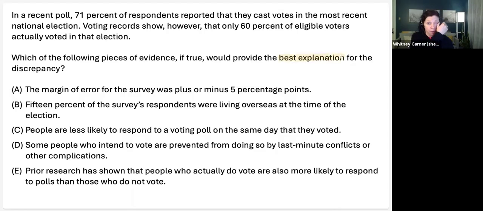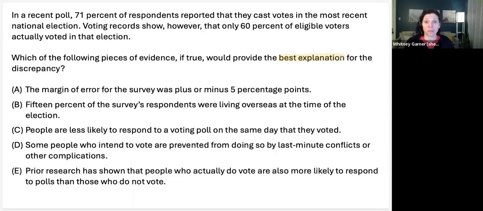Voting records show, however, there's that however, we're going to find it. So in a recent poll, 71% of the people who responded reported that they cast votes. Records show, however, that only 60% of eligible voters actually voted. So let's brainstorm for a moment.